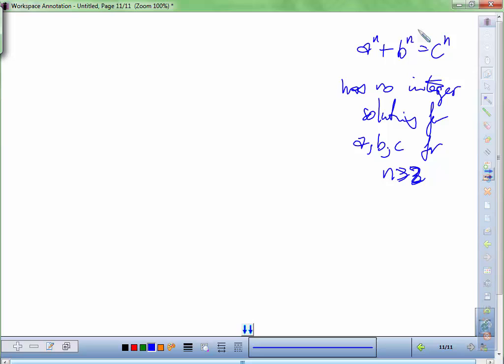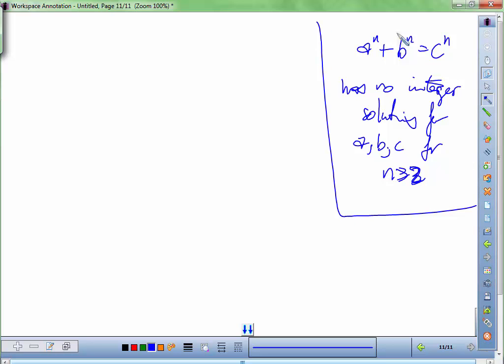So if it's 2, it's like the Pythagorean theorem, and we know we have integer solutions like 3, 4, 5 triangles and things like that. But if n was bigger than 2, there are no integer solutions. You can't find any numbers where n is equal to 3, for example. So he put that on the side and said it's obvious that this is true, and he didn't prove it.